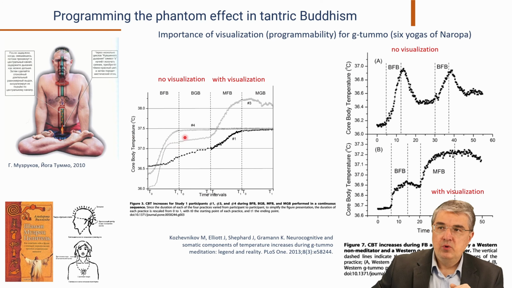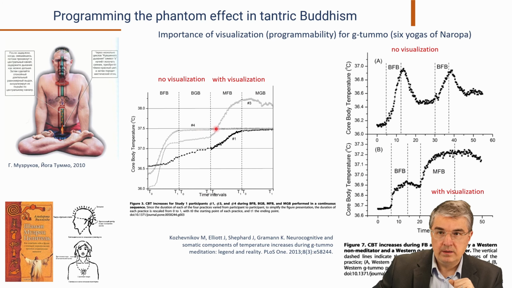From a scientific point of view, the authors investigated two phases. In the first phase, there was no visualization. These practitioners, monks, who demonstrated this approach, increased temperature by concentration, by a specific psychosomatic mechanism, and here we see a really impressive increase over 37 degrees Celsius.